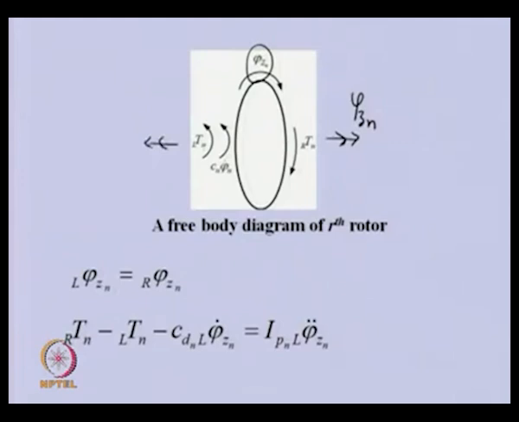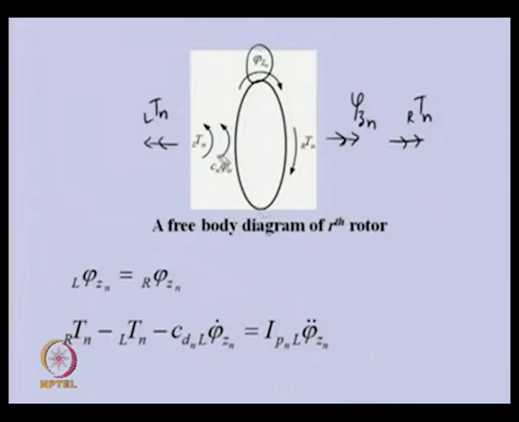So, this particular reaction is from the left hand side of the disc, and there is another one, this one I am representing as the right side of the nth disc. So, these are the reactions which are coming from the shaft. Apart from this, there is a damping coming from the vibration, that is the disc damping.